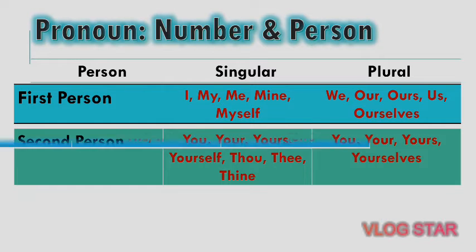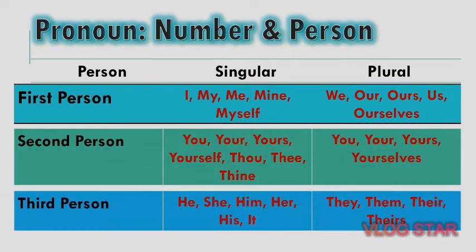And as far as the third person pronouns are concerned, the third person singular pronouns will be he, she, him, her, his, it. And the third person plural pronouns will be they, them, their, theirs. So this is the chart that shows the different numbers and persons of pronouns.